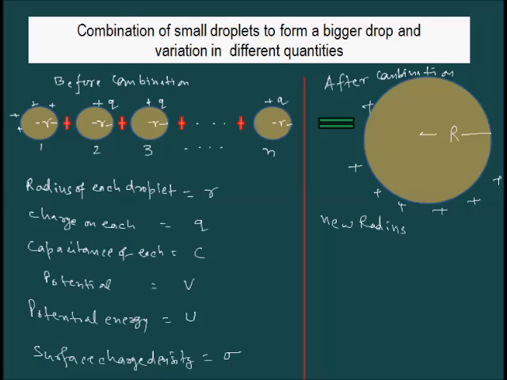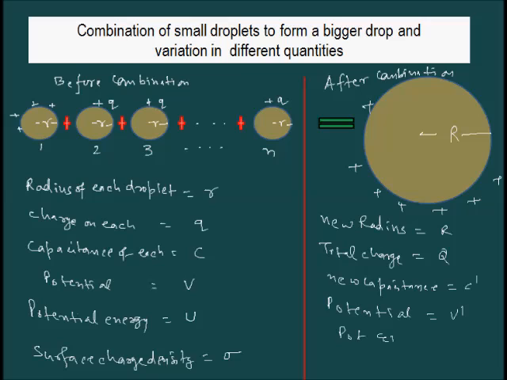Its new radius is let R and the total charge is let Q. The new capacitance of the big drop is let C dash, the new potential of the bigger drop is V dash, the new potential energy is let U dash, and the new charge density is sigma dash. Now we will discuss in which way these parameters will change one by one.